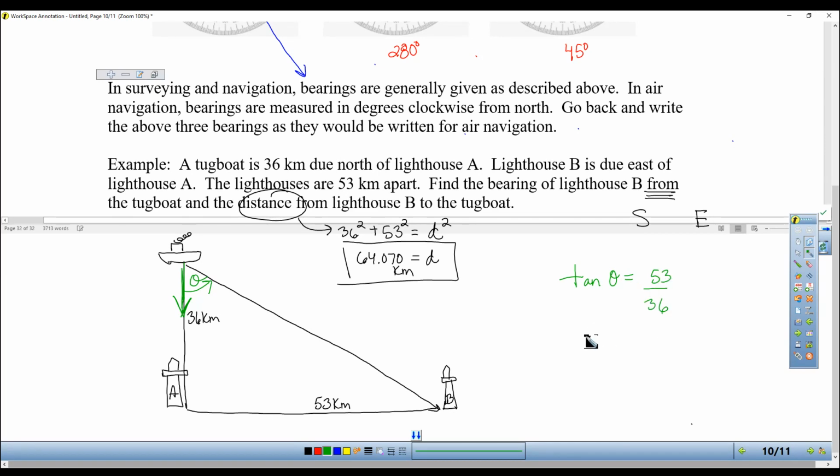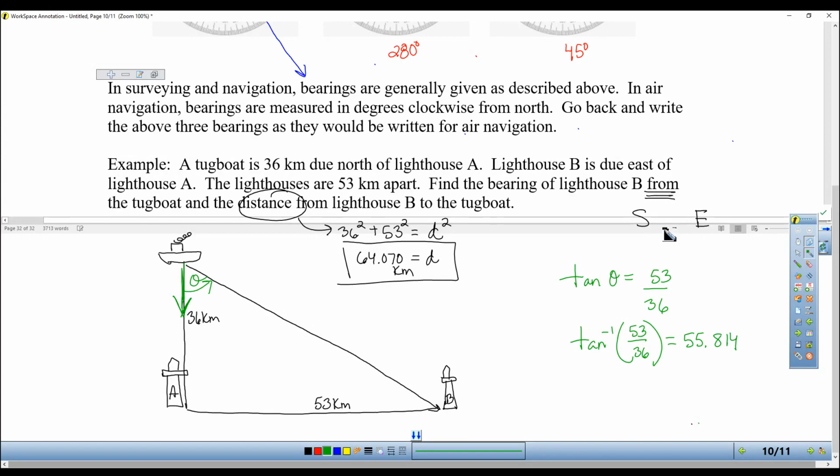This is not one of our known angles, but that's okay because we have a calculator. Inverse tangent of 53 divided by 36 is equal to 55.814 degrees.